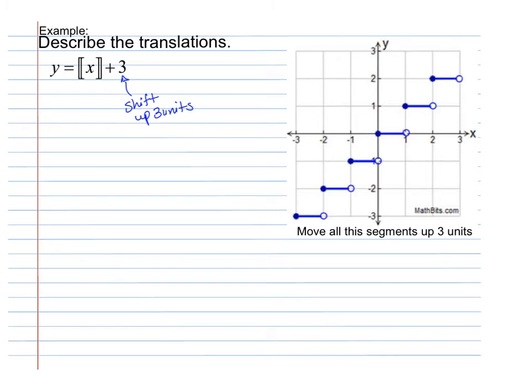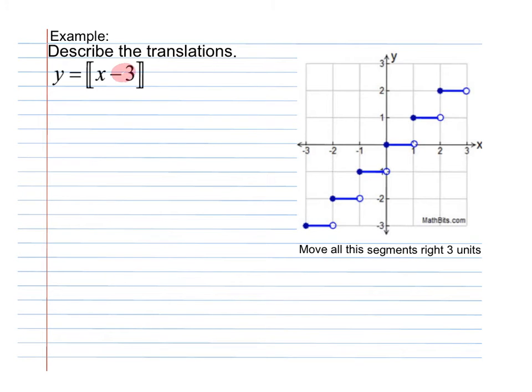That means that now it'll be here to there. And then this one goes up 3 units also. 1, 2, 3. That would be here. And so forth. And the next one would be here. And so forth. Next one there. This would be our shift up 3 units.